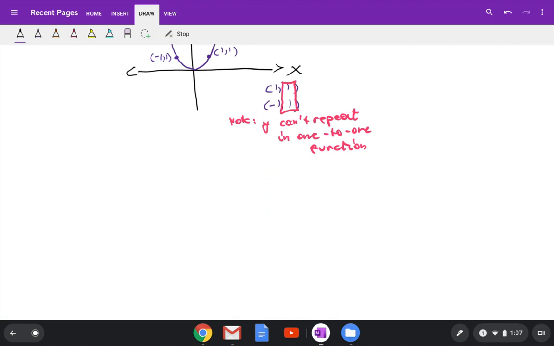Okay, so let's deal with example 1, and I'm going to use an example from the textbook.